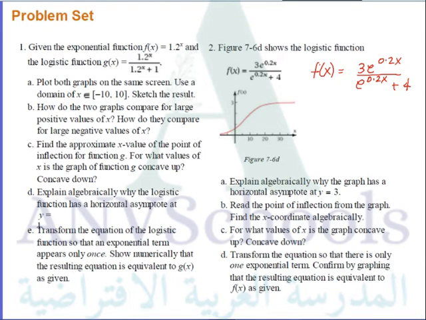Letter B. Read the point of inflection from the graph. So this is our graph, 7-6D. Find the x-coordinate algebraically. So given our point of inflection, we have to get what our point of inflection is here.